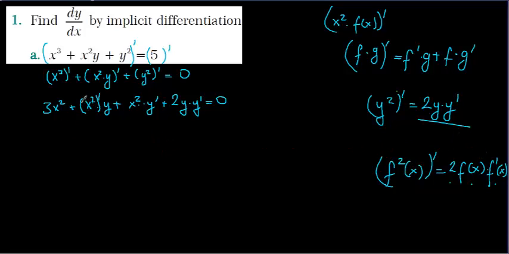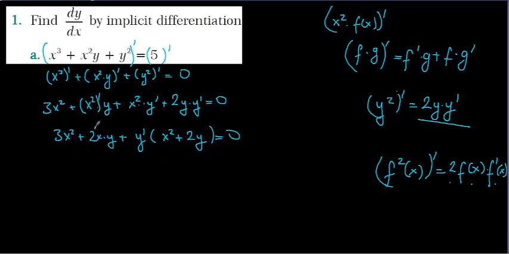Okay, now I'm going to get the derivative of this one only: 3x squared plus 2x times y, plus y derivative times x squared plus 2y is equal to 0.